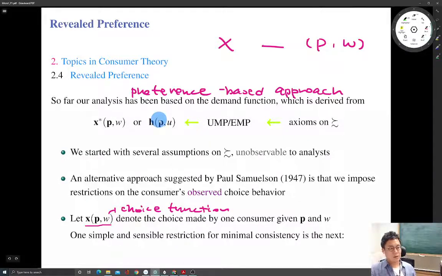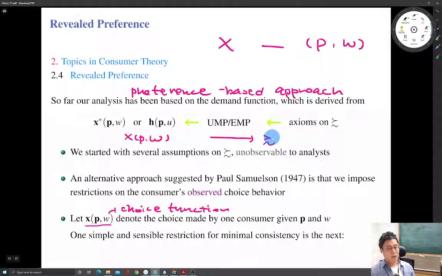But now we start from this choice function. Okay? And then we are going to make an assumption on this one. Okay? And then in the end, we are trying to deduce the preference ranking. Okay? So the basic idea of revealed preference is that from the observed data, we can deduce consumers' preference ranking.